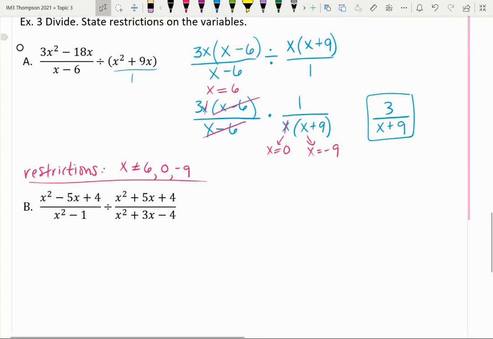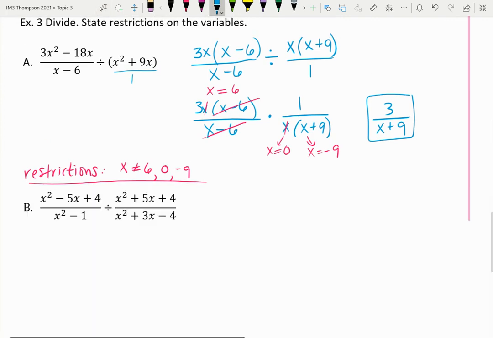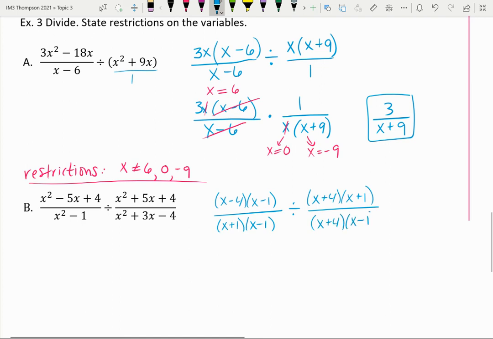Steps are the same. 1, factor. If you want to do that on your own because you need the practice, go for it.